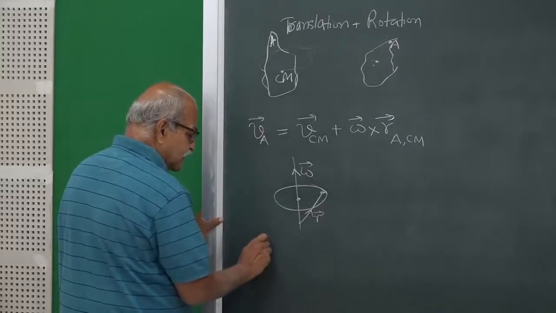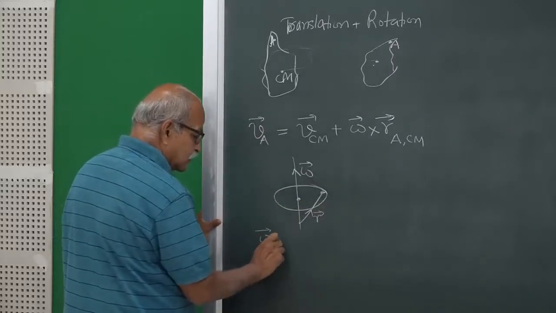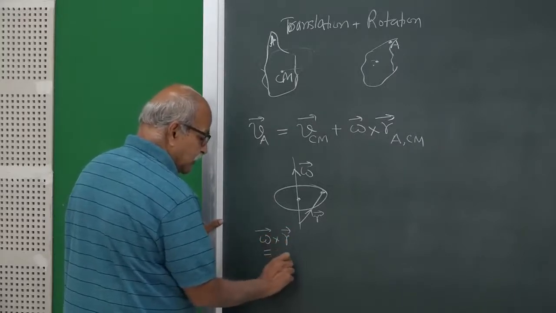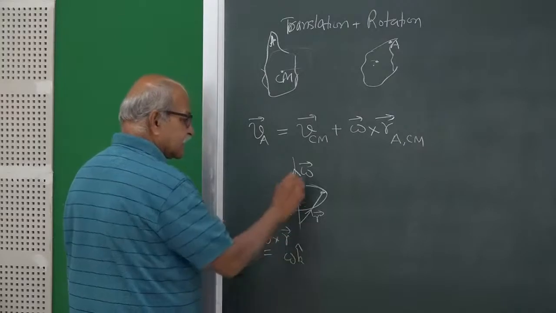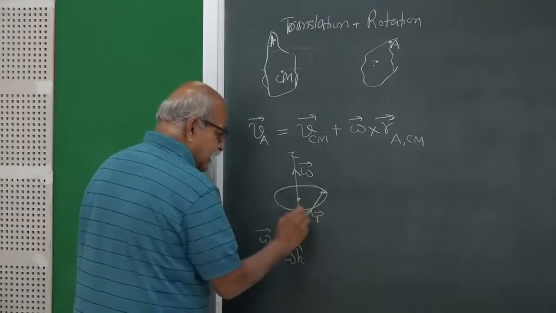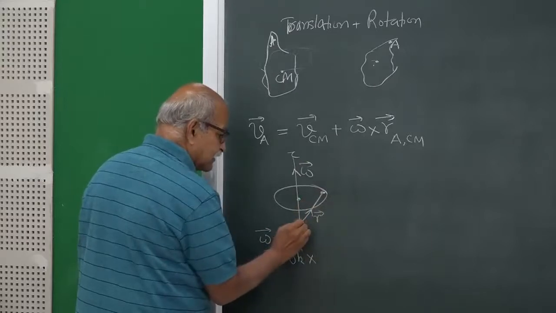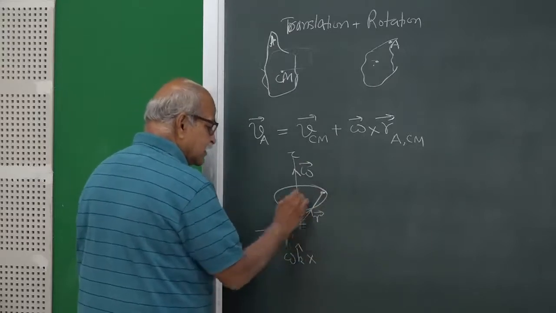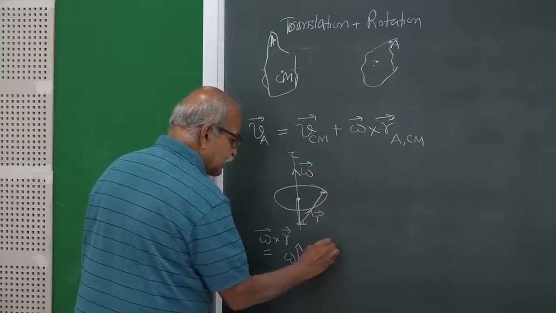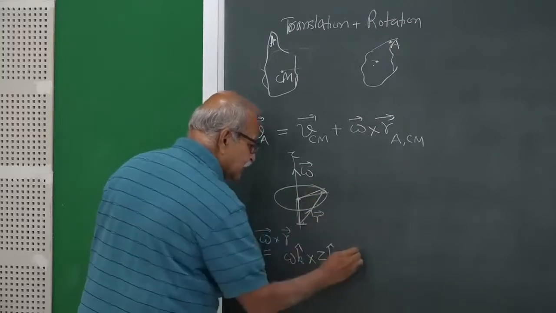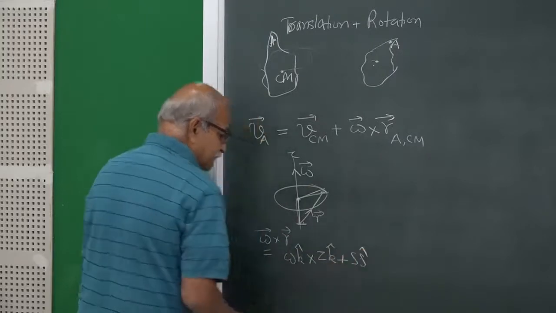How can we see it? Omega cross r: omega is in the z direction, suppose this is the z direction, and we will use cylindrical coordinates. So, this r vector is z in the k cap direction plus s in the s cap direction.